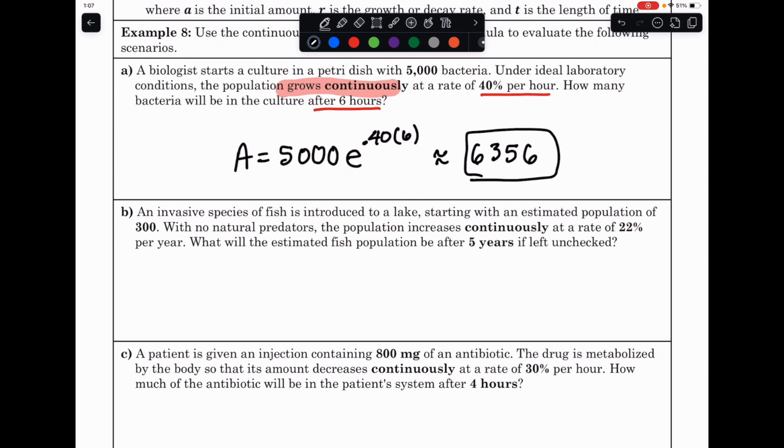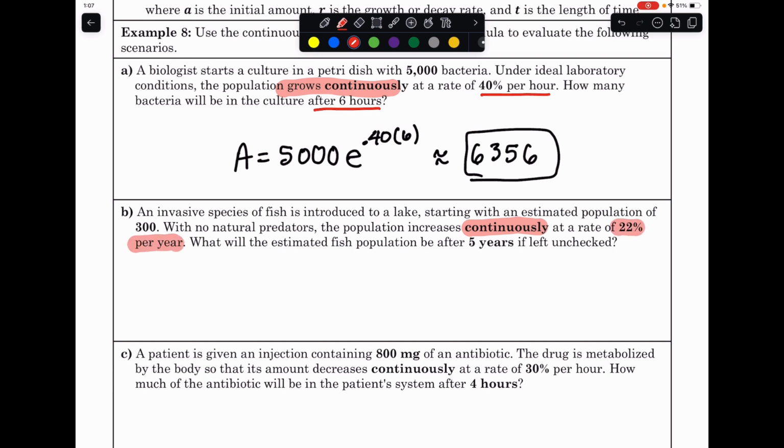So let's look at the second example. An invasive species of fish is introduced to a lake, starting with an estimated population of 300. With no natural predators, the population increases continuously at a rate of 22% per year. I know it's kind of weird that we're saying it's always increasing, but the rate is also measured in intervals of per year.